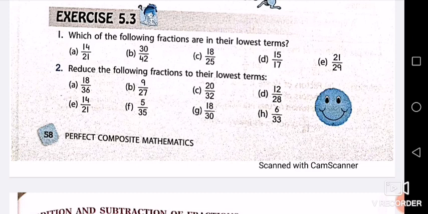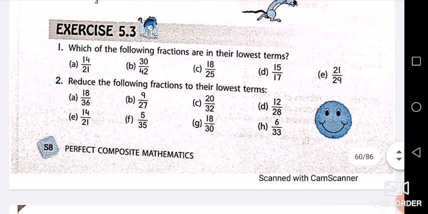That is quite simple, but you have to understand it. Sometimes the fractions will not be given so easily. Sometimes the fraction will be a little bit difficult, and in that case you have to think in which table or how to do the division.